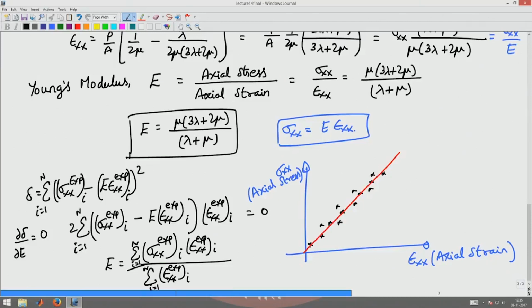Okay. So, basically I take a product of all the stress quantities that I obtained with the corresponding strain quantities and divide by the square of the strain quantities that I obtained to get the Young's modulus value.